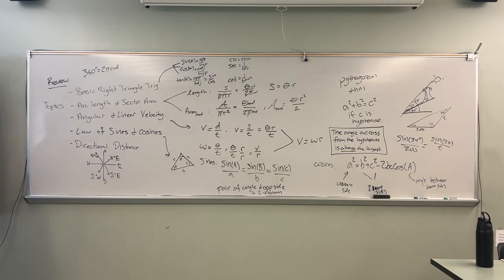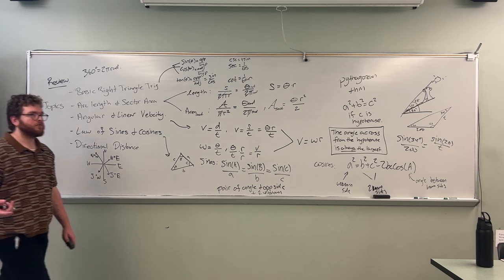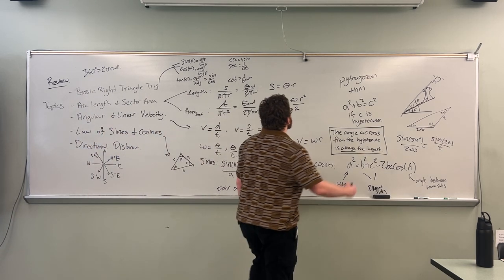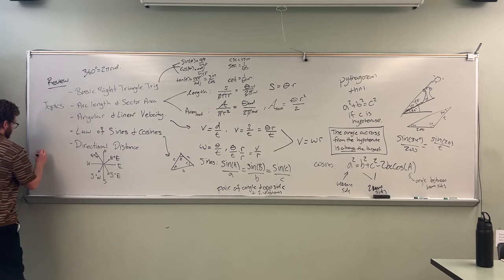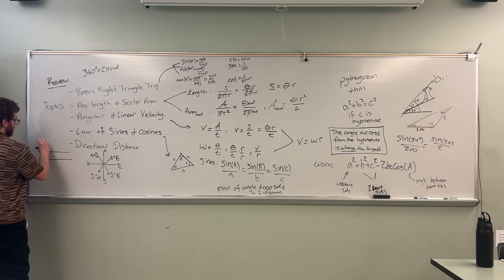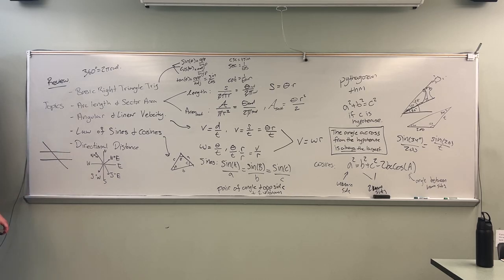So that's basically just an overview of more or less everything you need to know for the test. Another important one, which we talked about yesterday, and this is important for directional distances, so I'll write it down here. If I have two parallel lines and something that runs between them, the angles on opposite sides are equal.